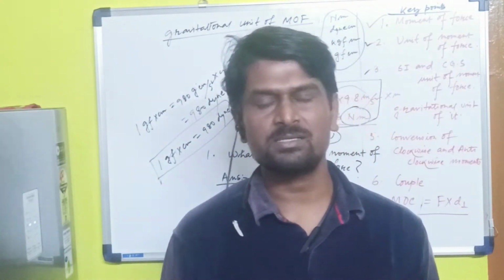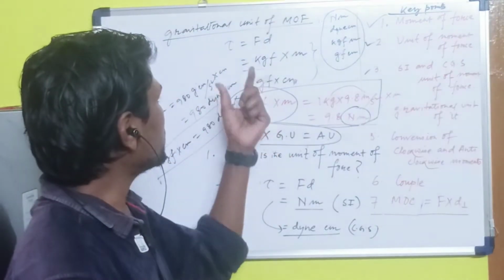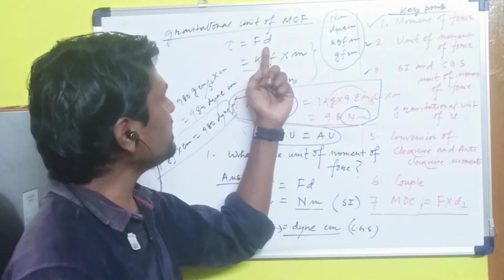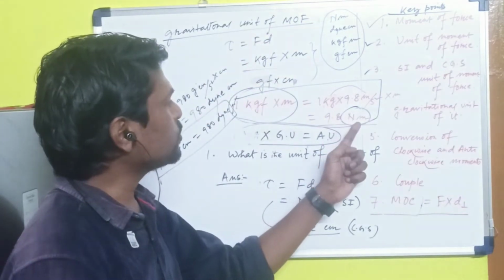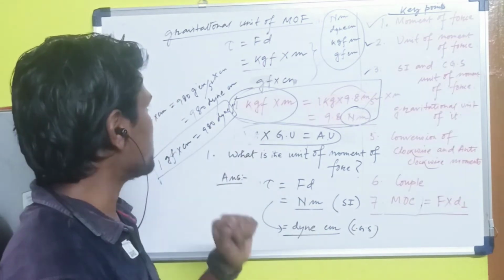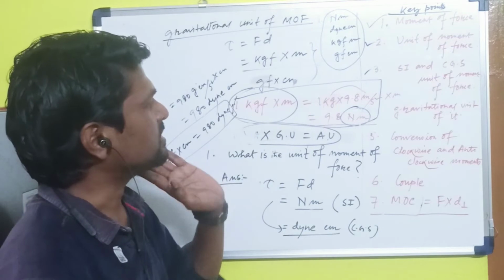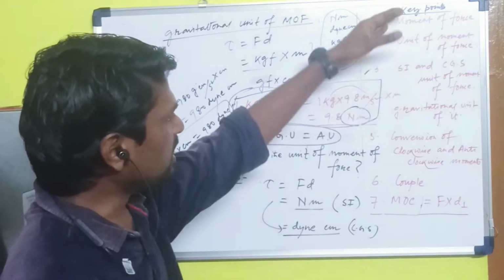This turning effect is called moment of force, and it is denoted by tau equal to Fd. Its unit is Newton meter or dyne centimeter, or its gravitational unit is kilogram force into meter or gram force into centimeter. So these all are the concepts.